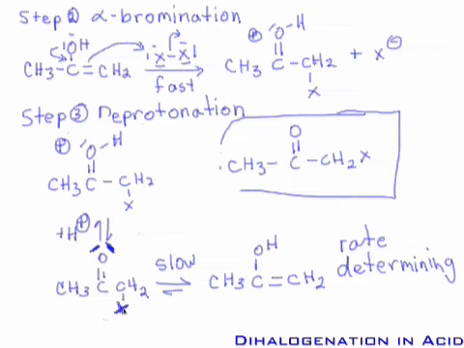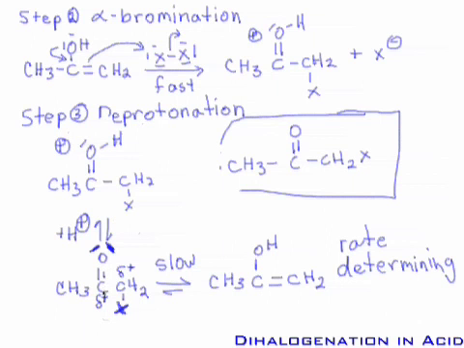Now, halogen that we place on carbon is electronegative. Halogens withdraw electrons inductively. This will increase the delta plus on carbon here, which will reduce the amount of electronegative effect the oxygen can have, the electrons oxygen can withdraw.